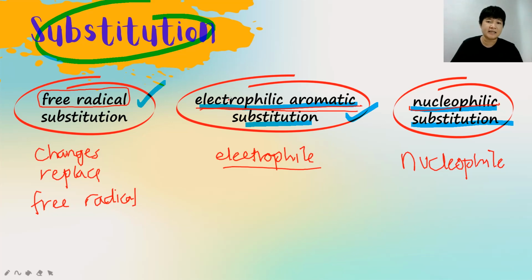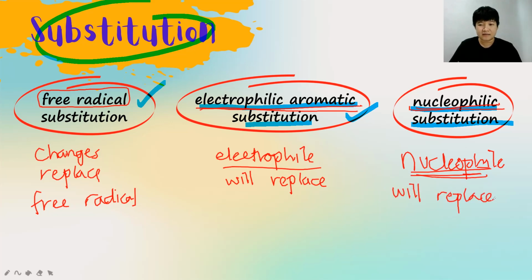When I say electrophilic aromatic substitution, it means the electrophile will replace something in your reaction. Nucleophilic substitution means the nucleophile is the thing that will replace something in your reaction. So bear that in mind, the name is given by the species doing the changes.